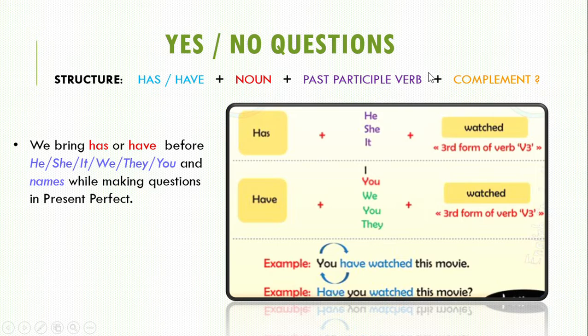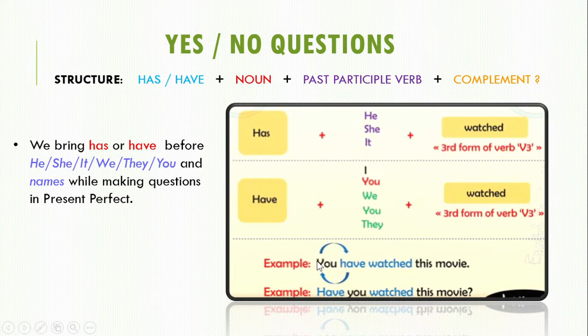We bring has or have before the noun he, she, it, we, they, you, or names while making questions in present perfect. Here we have another chart. Has plus he, she, it plus past participle verb, or have plus I, you, we, they plus past participle verb.